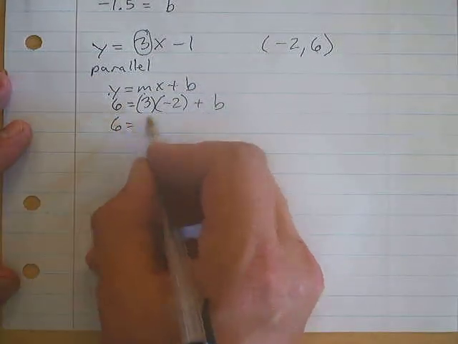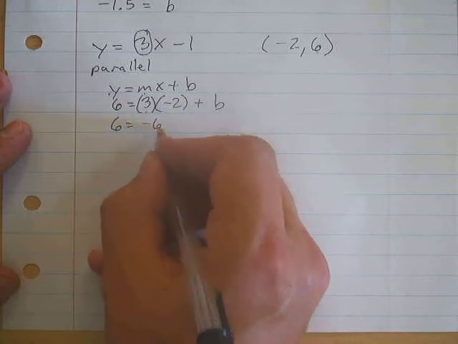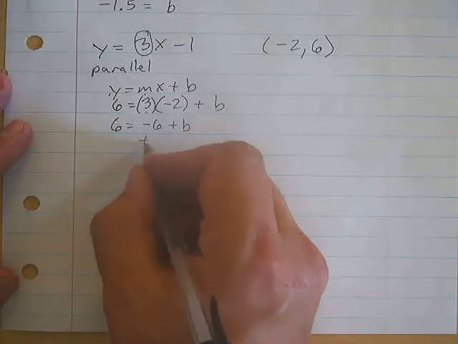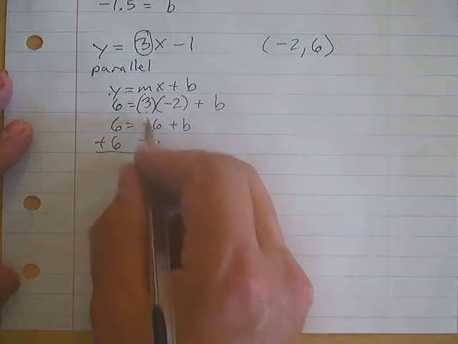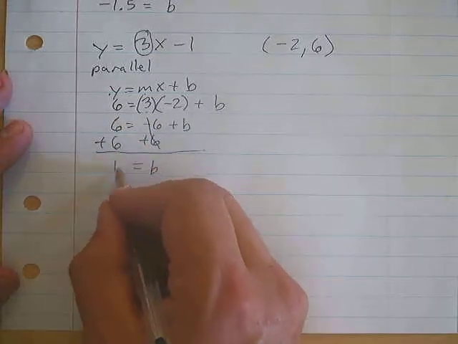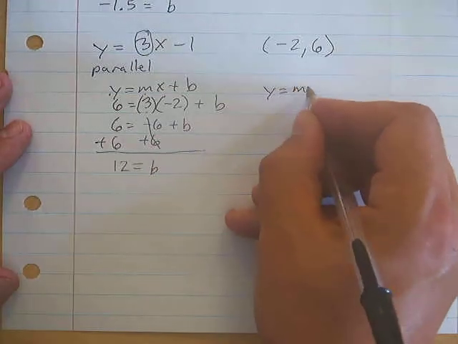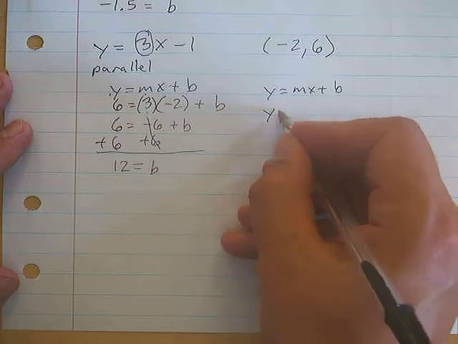The x is going to be negative 2 plus b. Now I solve this. 3 times negative 2 is negative 6. Right? And I add 6 to both sides. These cancel out, so I have b is 12.